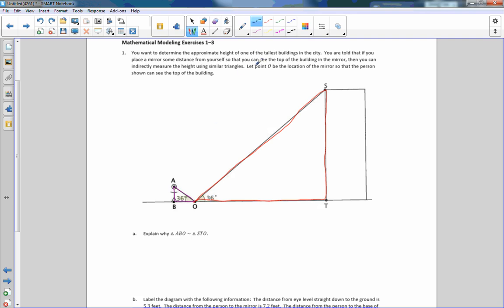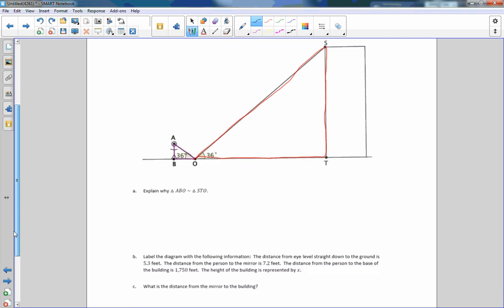So it says let point O be the location of the mirror so that the person shown can see the top of the building. So there it is. Now it says explain why triangle AOB is similar to triangle STO. So ABO to STO. Okay? So if we explain that, here's what I would say. The measure of angle AOB equals 36 degrees.